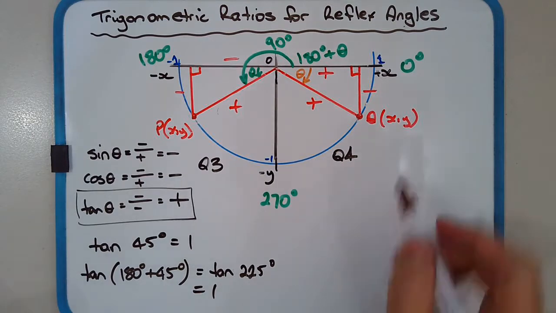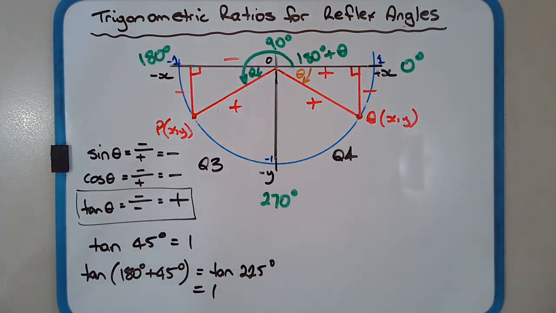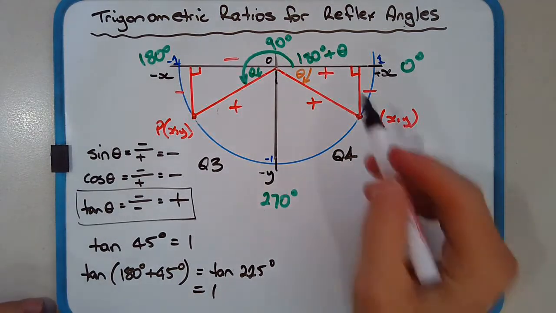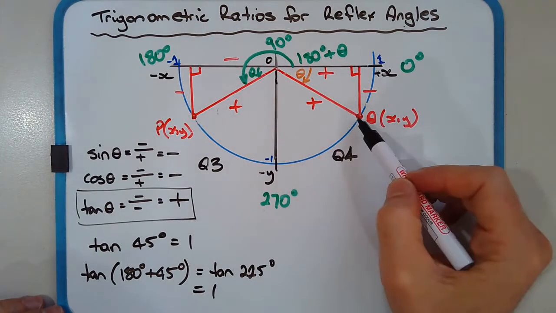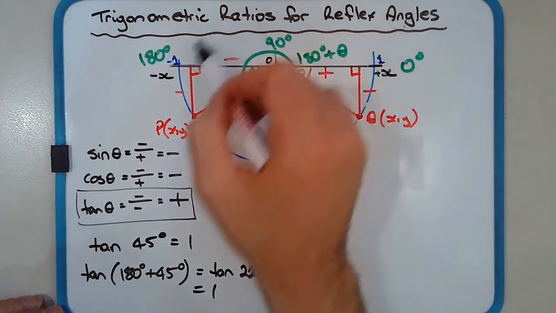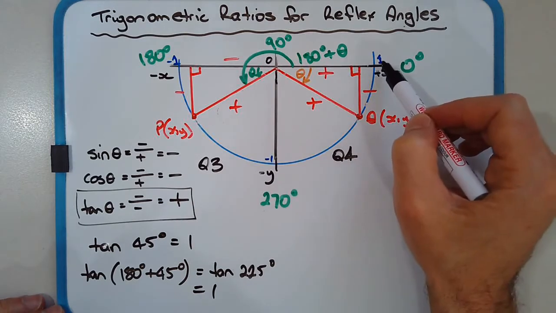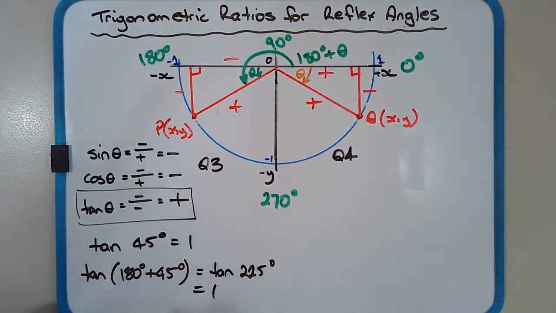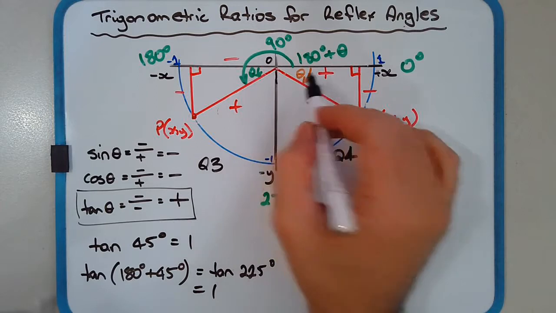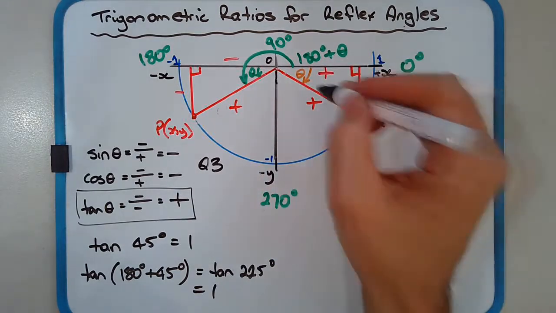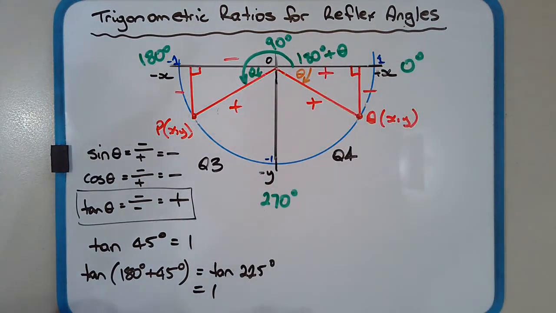All right, so let's see what's going on in quadrant 4. We know that in order to get to quadrant 4, we can go a full 360 degrees around and then take away theta. This theta is acute because theta is really the angle inside the triangle, so you know it's acute in a right angle triangle.